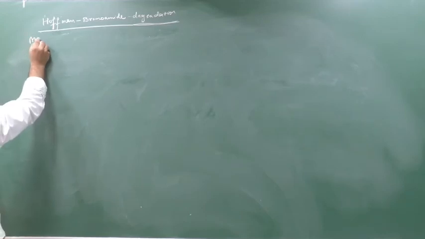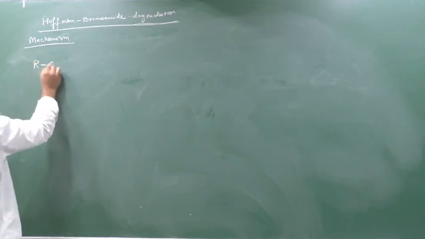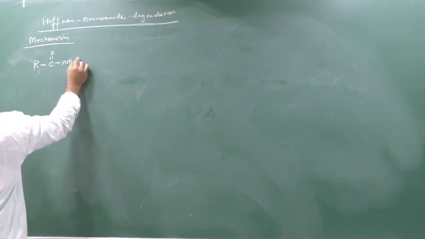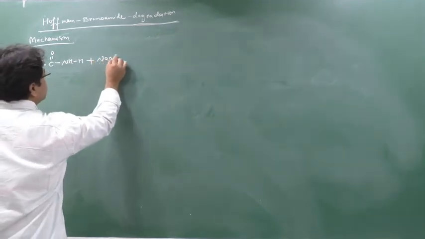Mechanism, write down. First you are taking the amide, RC double bond O NH2. Now this NH2 can be written as N with H and H. In the first step, NaOH is coming. Why? Because you know this is an acidic hydrogen, as I told you previously.